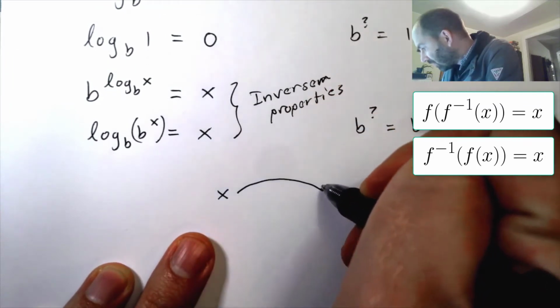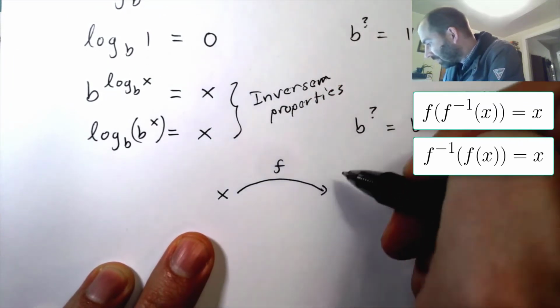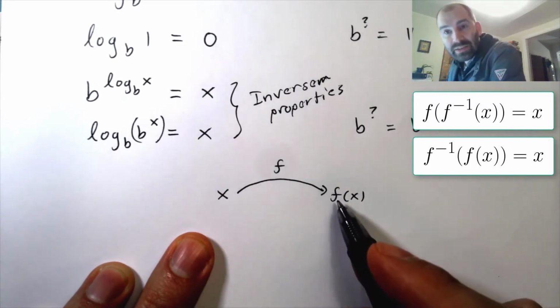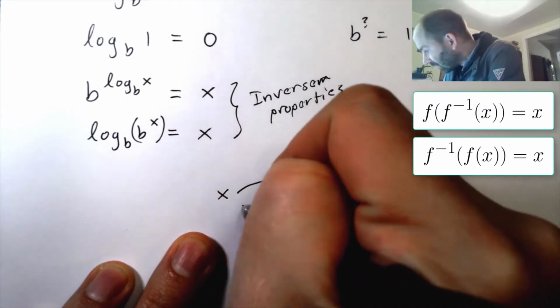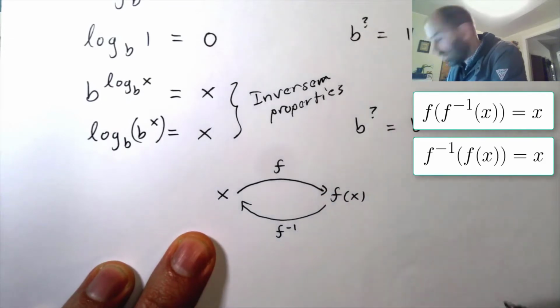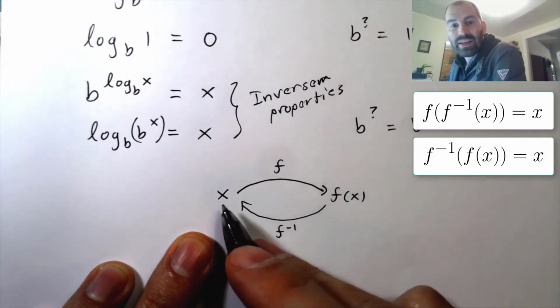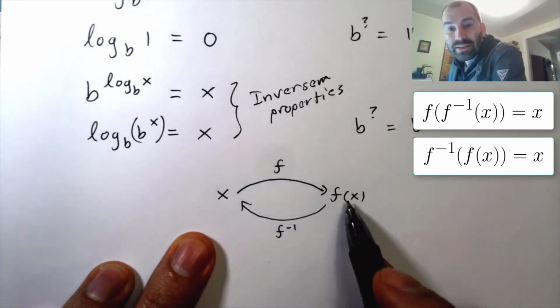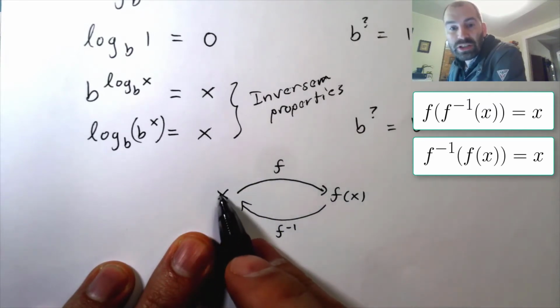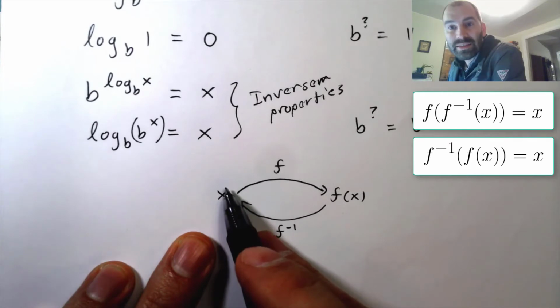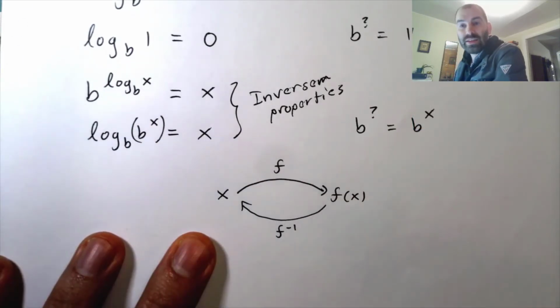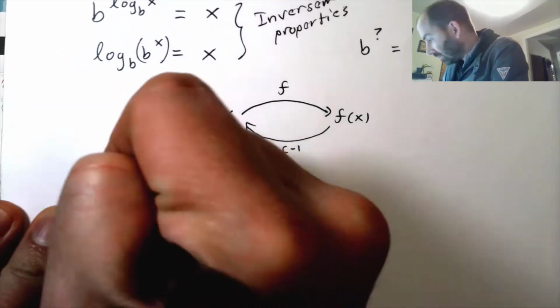So if the function takes you x to f of x, well, the inverse function goes the other way. It takes f of x and gives you back x. So if you plug f of x into the inverse function, you get back to x. Right? So that's what's going on. B to the x and log x are inverse functions.